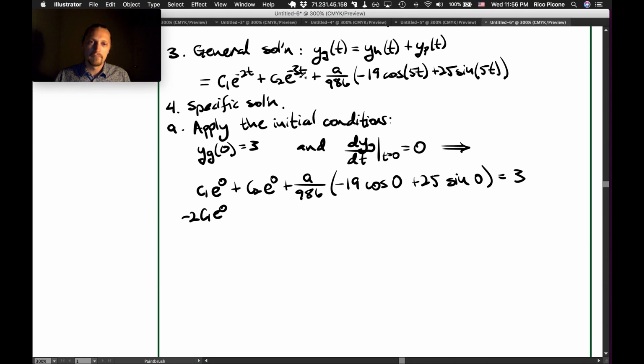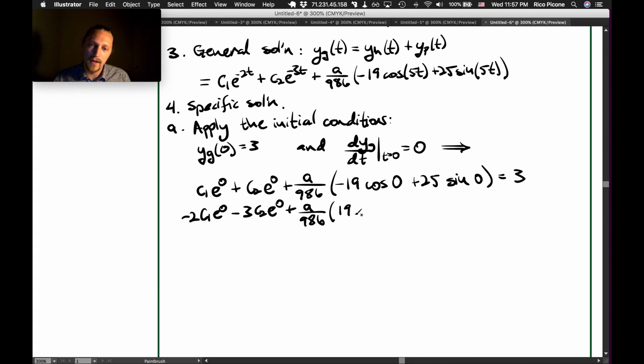And then we've got negative 3 that comes out for the second term, c2 e to the 0, plus A over 986 times, and then we've got the derivative of cosine is negative sine, so we have a positive 19, and then we've got the chain rule, right?